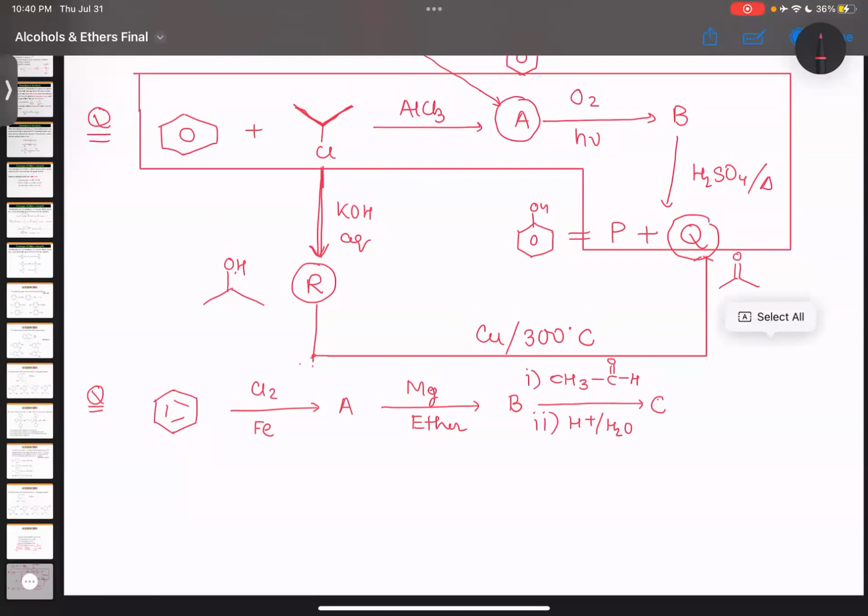What is the structure of C? Also, you can tell me A, B, and C, all three of them.